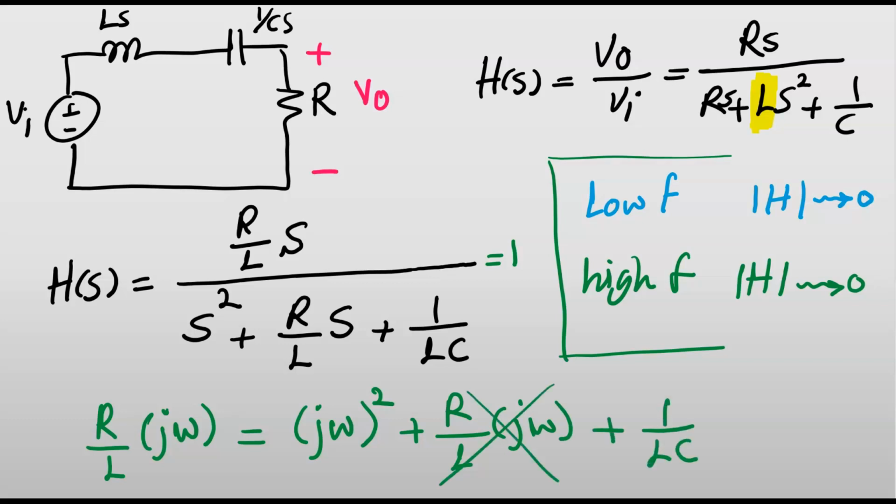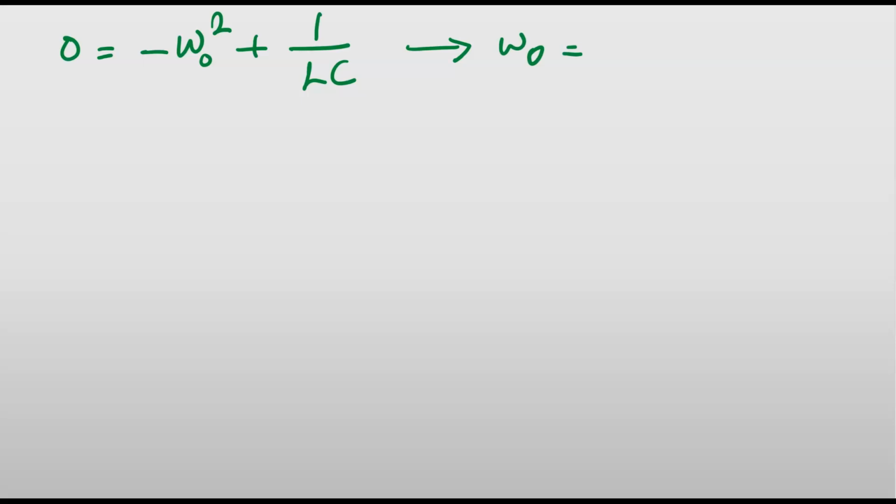Obviously, I have these terms on both sides of my equation, so they cancel out each other, and what will remain is 0 equal to minus omega squared, where the minus is the effect of j squared, plus 1 over LC. So you can see that your omega naught is equal to radical 1 over LC, or in other words, omega naught squared is equal to 1 over LC.